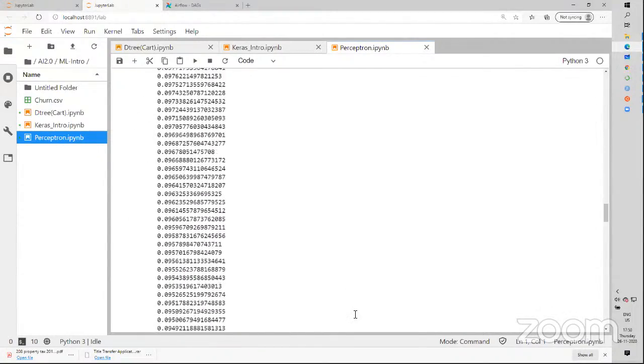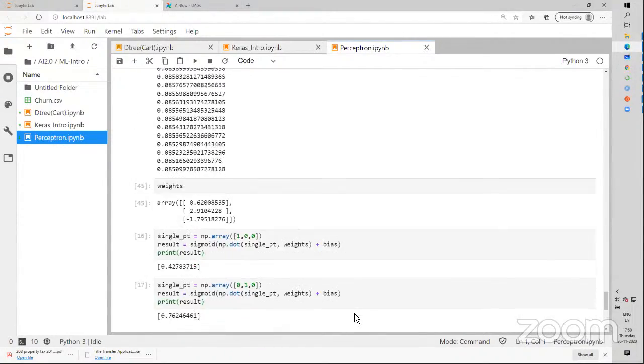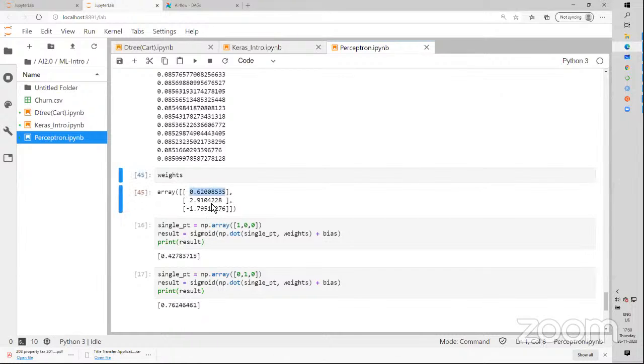But what were the weights we got after 300 iterations? 0.62, 2.9, minus 1.79. So these weights are the ones that are going to give us the least error for the training data that we have given. And these are the weights that we were actually learning for.